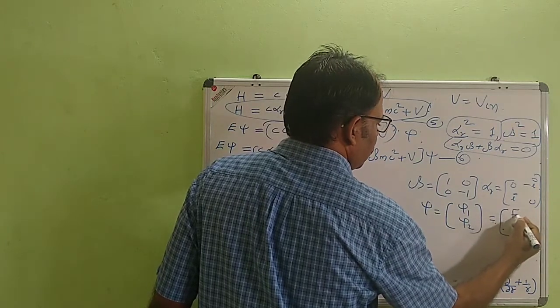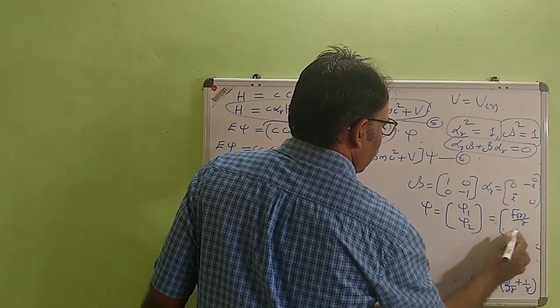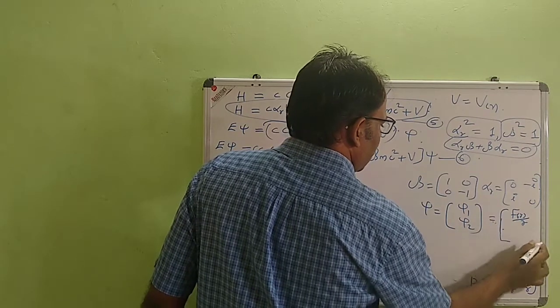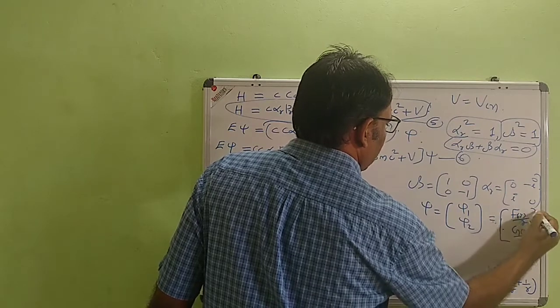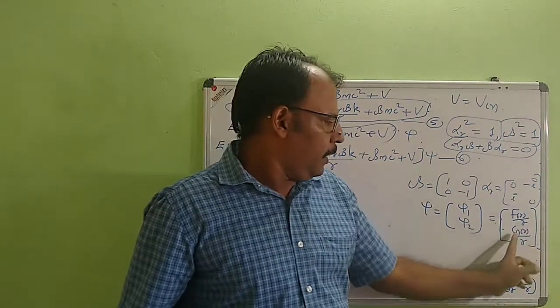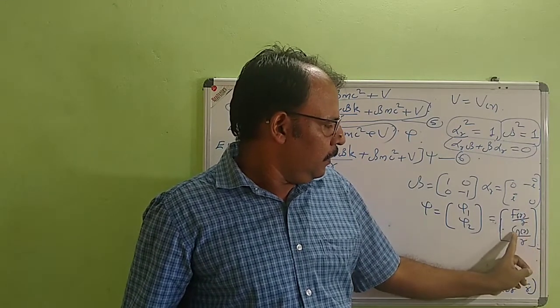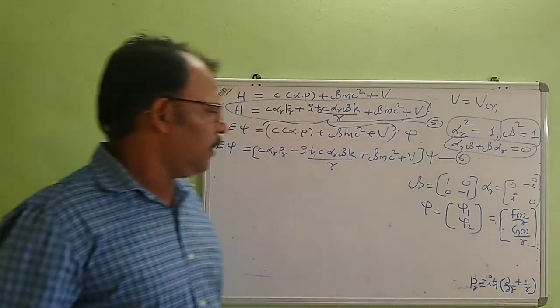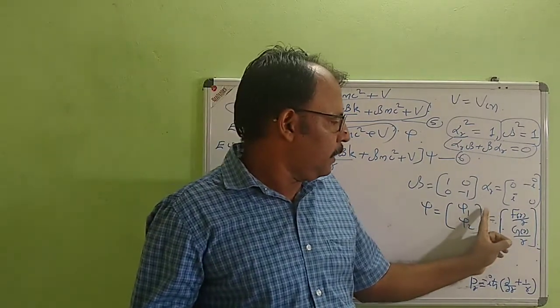So psi 1 I assume as F(R) by R, and psi 2 I write as G(R) by R. So psi 1 and psi 2 are taken as F(R) by R and G(R) by R, just like in the hydrogen atom, where we assume the radial part as F by R.